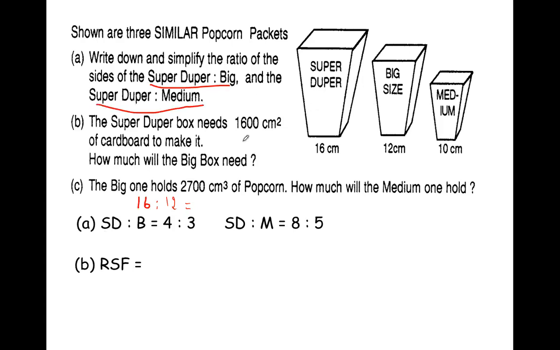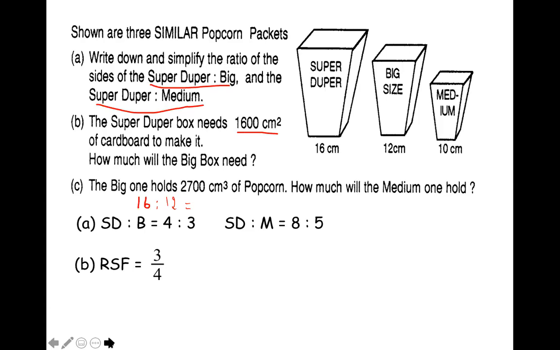Now what we've been asked to find is areas here. So the super duper box needs 1,600 centimeters squared of cardboard. How much will the big box need? So it's going to be less. Because it's less, we're looking for a reducing scaling factor. So if it's 4 by 3, the reducing is just going to be 3 over 4, or you can say it's going to be 12 divided by 16, which will simplify to 3 by 4.